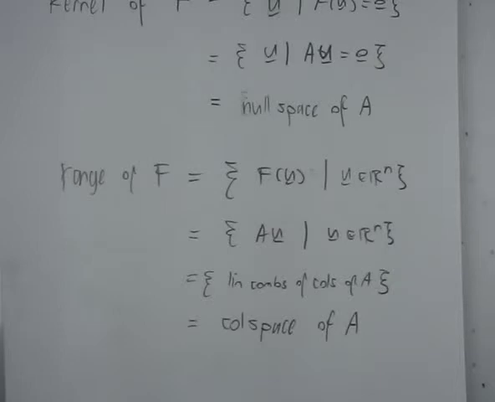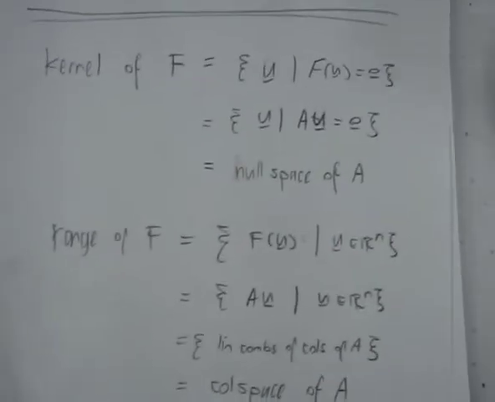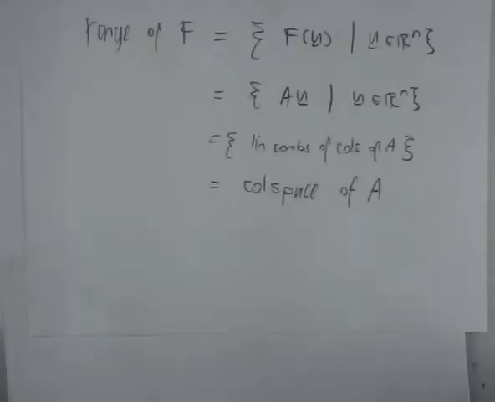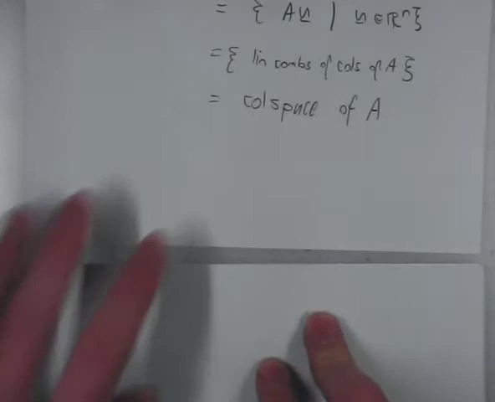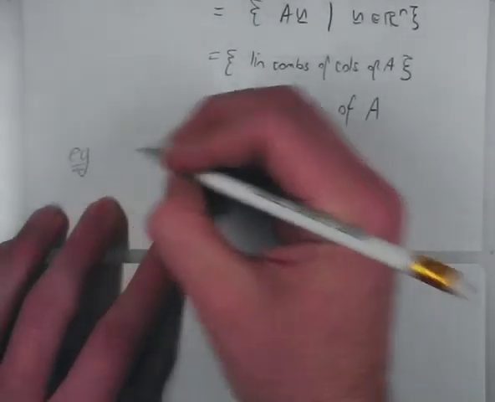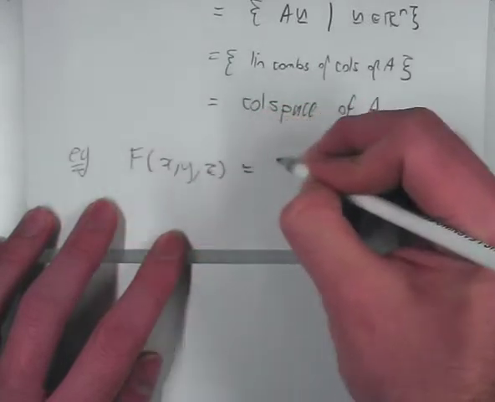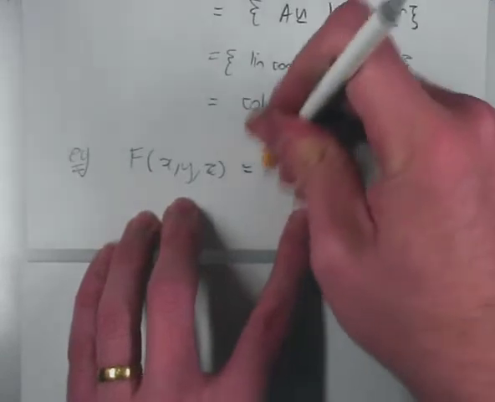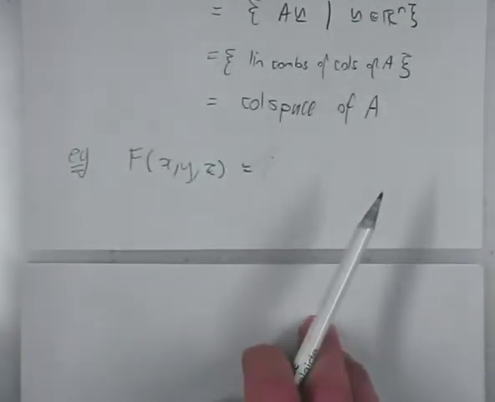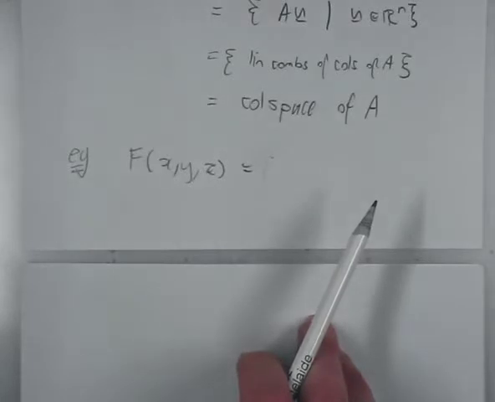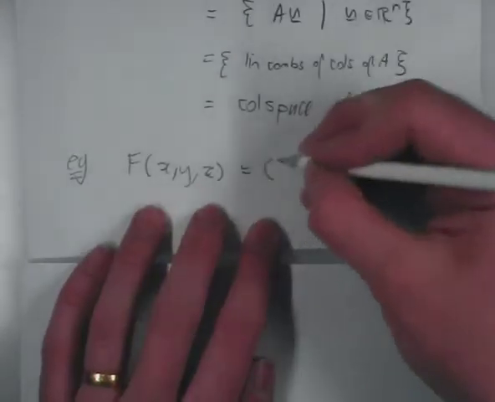So that means if you do have a matrix, the quickest way to find the kernel and the range is to do row operations. So let's shift that up a bit. So what about, I'll do the same one I had before, but I'll do it with the matrix instead of doing it directly, just so you can see that it comes out to the same answer.